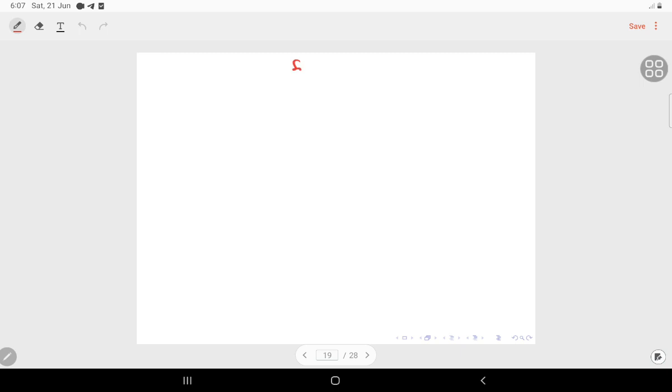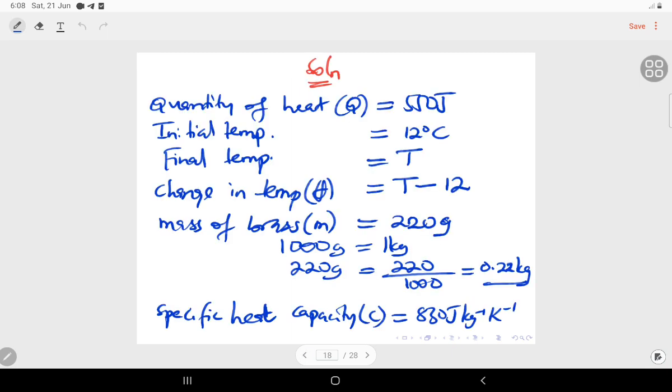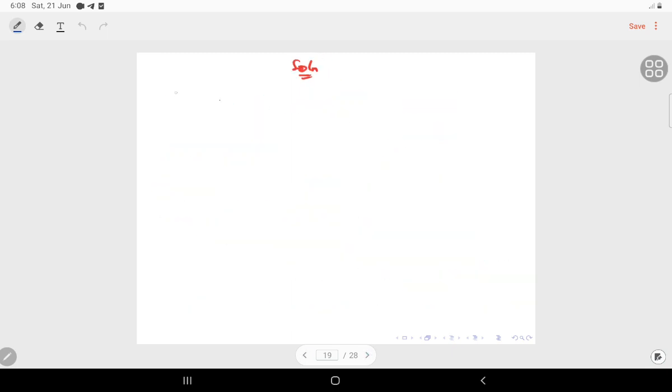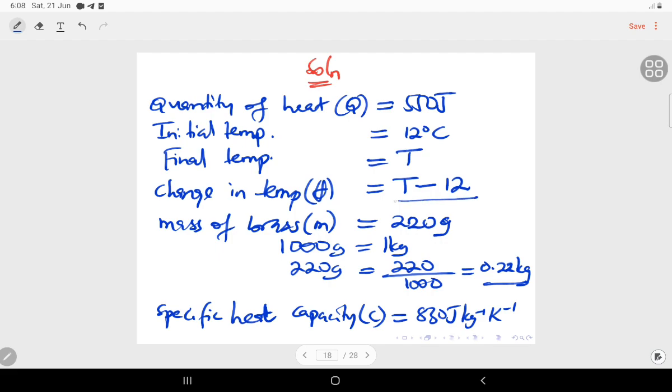I have used the symbols already, so instead of wasting time to write, let me just use the symbols. It's Q over M times theta. The question wants us to find T, and T is from this equation. Take note.